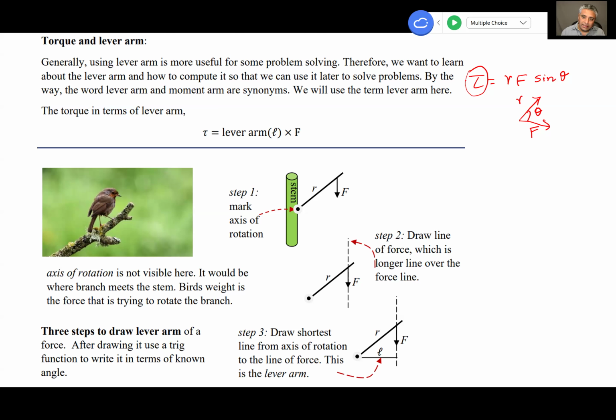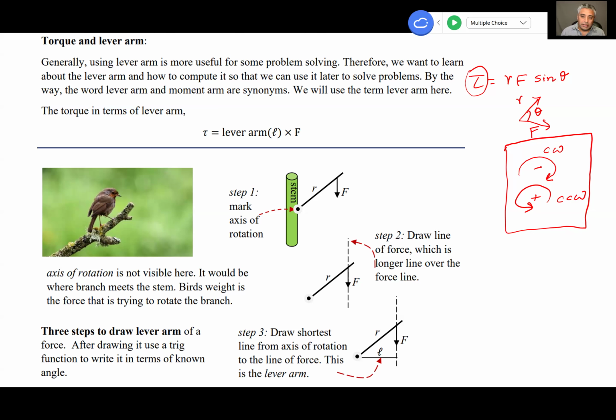And to write it in the equation, for the direction, we use, okay, if it is trying to rotate something clockwise, we use that torque as a negative. But if it is trying to rotate counterclockwise, then we take that as a positive. Okay, so these are just for writing the equations to use dynamics.